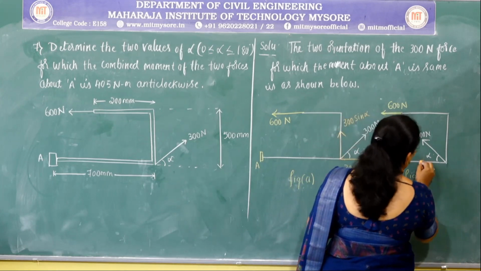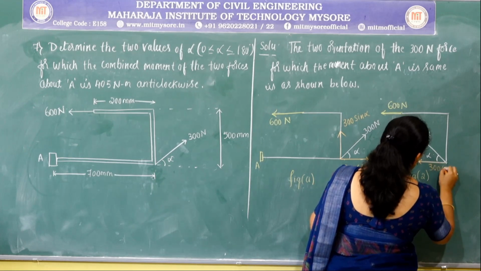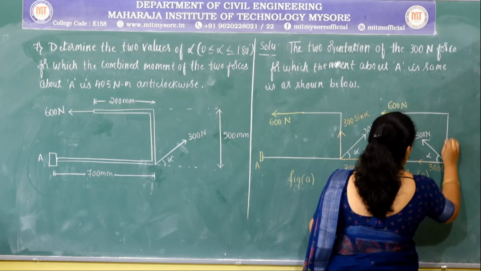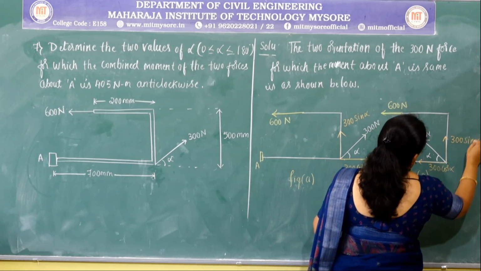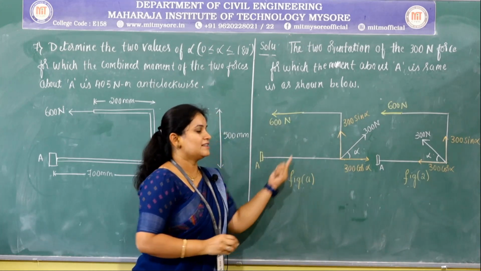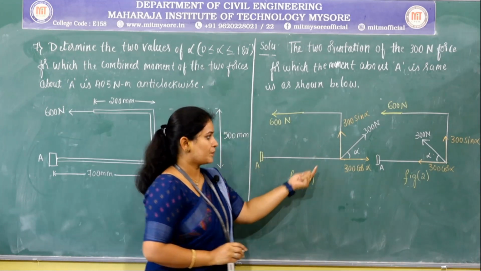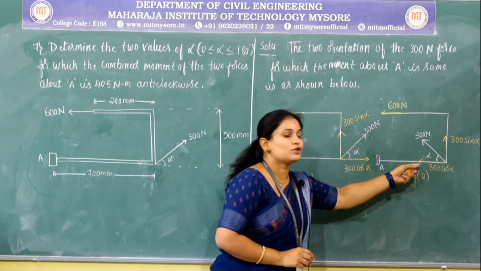Again on resolving, the x component will become 300 cos alpha and the y component 300 sin alpha.